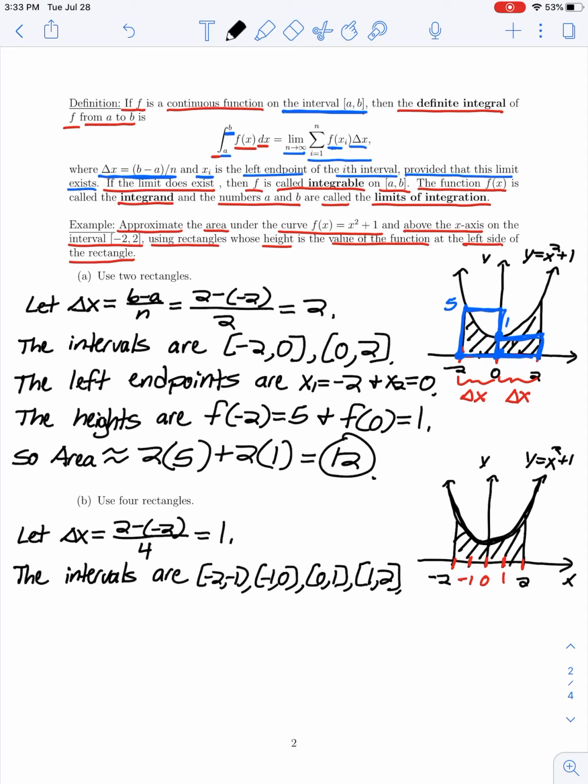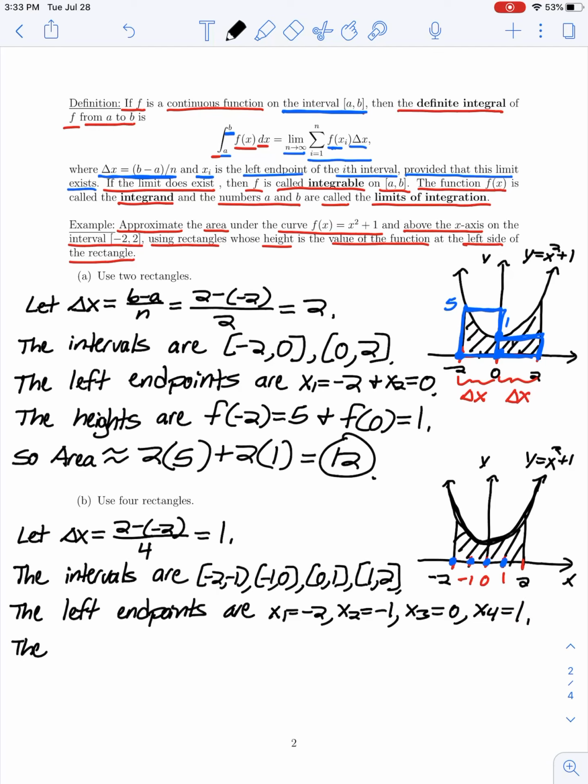So for the heights of our rectangles, we're going to take the value of the function at the left endpoints. So here our left endpoints of these 4 subintervals are as follows. They would be x1 is -2, x2 is -1, x3 is 0, and x4 is 1.